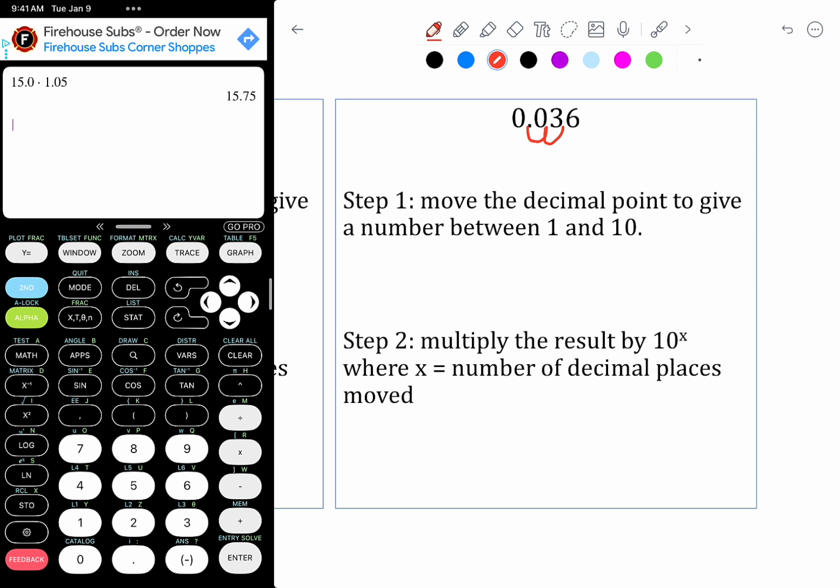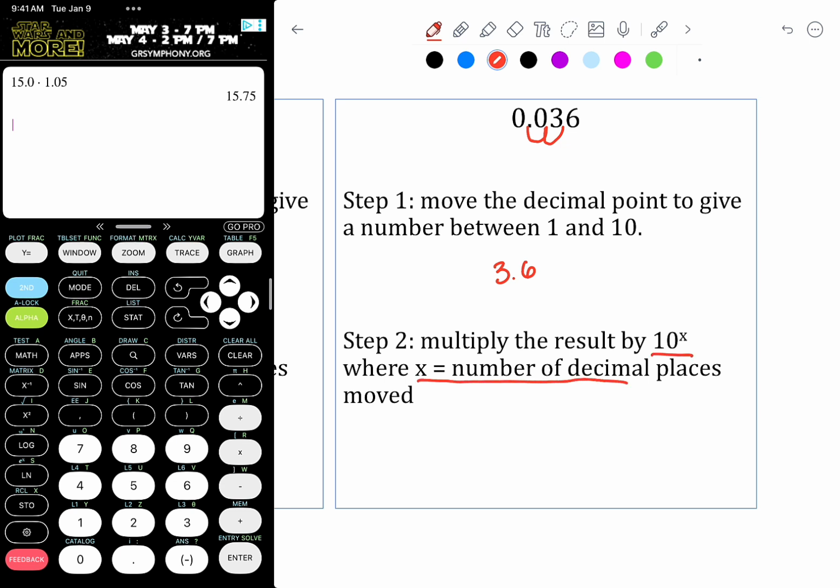But again, just to show, if I moved it a third time, that would give me 36, which is greater than the value of 10. So we move the decimal place 2 times to get 3.6. Our second step is to then multiply the result by 10 raised to the x, where x is the number of decimal places moved.